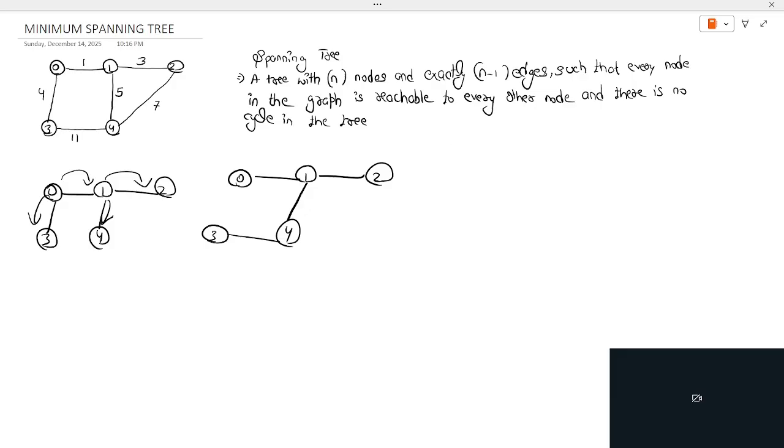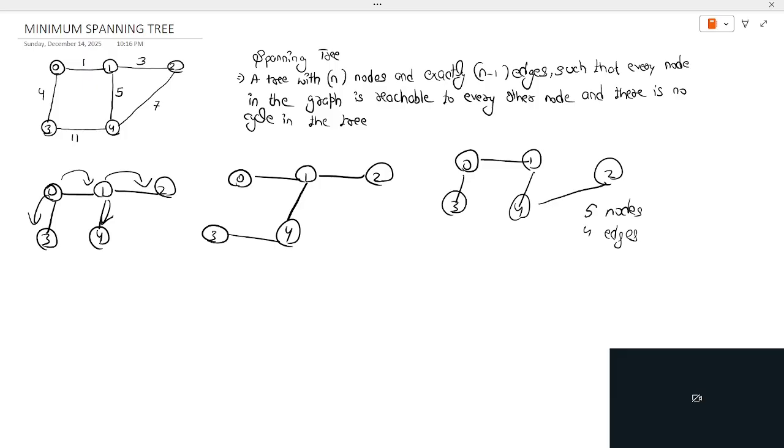Another possible spanning tree could be 0, 1, 3, 4, 2. Again, for this spanning tree also there are 5 nodes and 4 edges. And from every node in the graph we can reach any other node and there is no cycle in this tree. That's why it is a spanning tree.